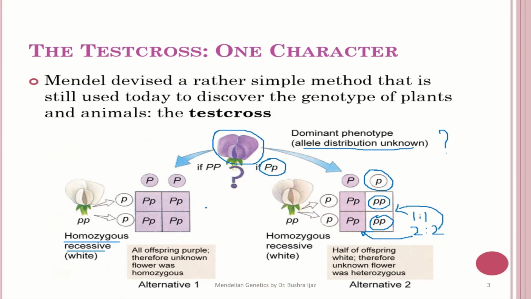Similarly here, when there are all purple color flower plants, it is a very simple thing that this plant has produced two gametes which have capital P, and you can easily denote the genotype of this plant, which is homozygous dominant, capital P, capital P.